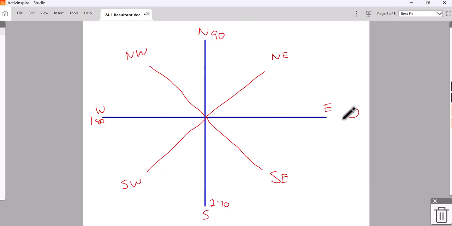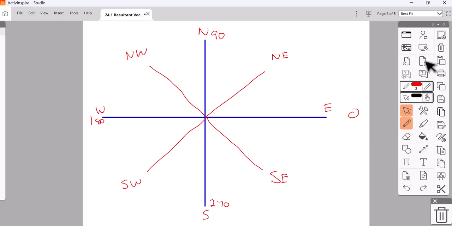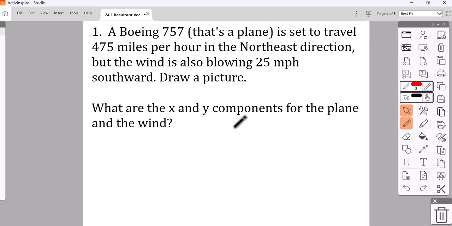So north, south, east, west, 0, 90, 180, 270, 360. And so the northeast would be 45, northwest would be 135, southwest would be 225, and southeast would be 315. Using that unit circle is helpful as we're doing this today, so you may want to have that out with you as you're thinking through this.